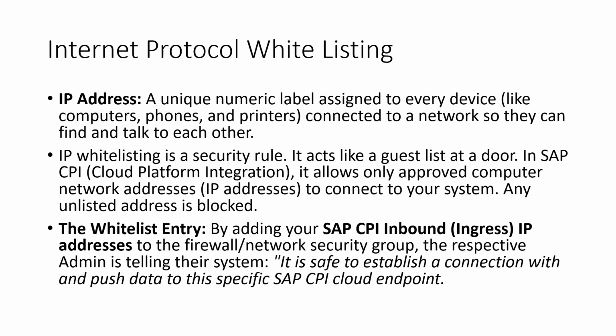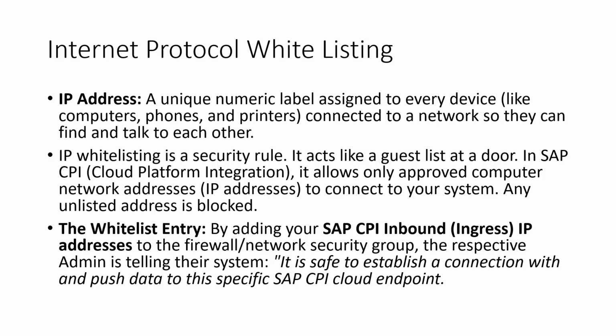We call that whitelisting. If you provide your IP address to your sender system, they will add the CPI IP address to that firewall, so that the sender system is going to authenticate that IP address and send the information to the CPI.